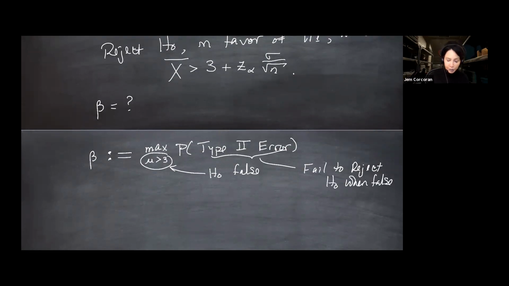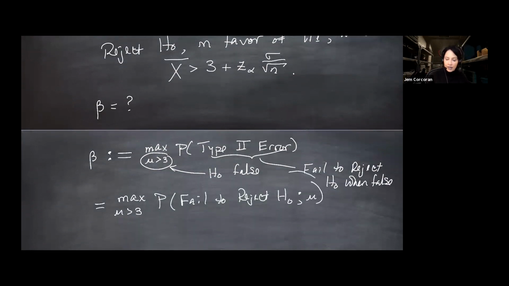So to continue for this particular example, this is the maximum over mu greater than 3. Now we already came up with a test, and it's right at the top of the screen right now. So we're going to have a type 2 error if we, let me write this out in words in one more line, we fail to reject the null hypothesis when the parameter is mu, and then the fact that this is maxed over all of those mu's is taken care of when the null hypothesis is false.